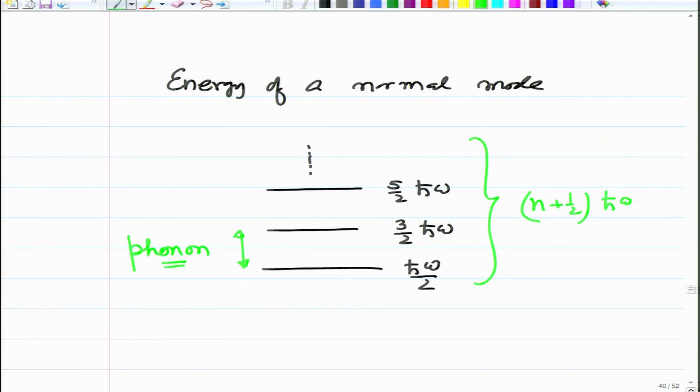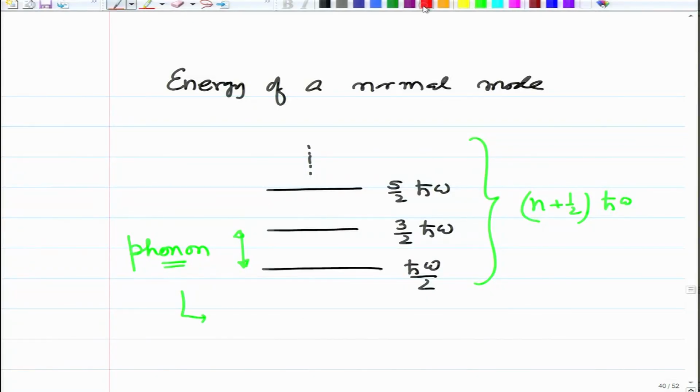In correspondence with the photon, which is the quanta of energy of light, quanta of these vibrations or these waves that are traveling in a crystal is now going to be known as a phonon, and each phonon, just like a photon, can take energy h cross omega k times n plus a half, no more, no less. This is what explains a lot of properties of crystals, and therefore, we treat them quantum mechanically. So, this is the concept of phonon. So, I introduce you to the idea of phonon.